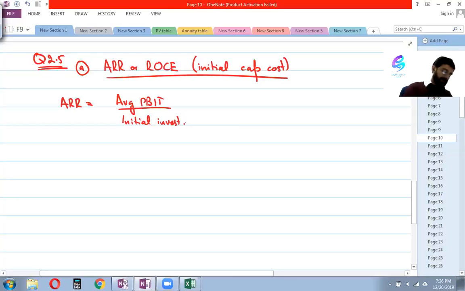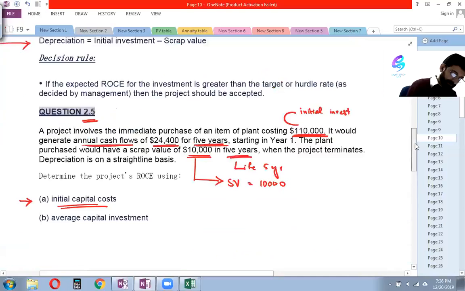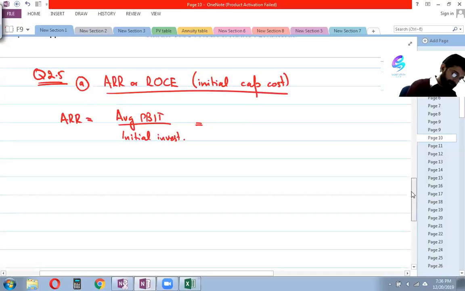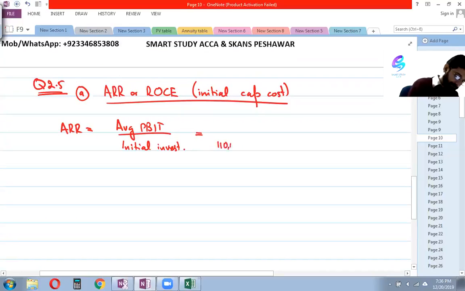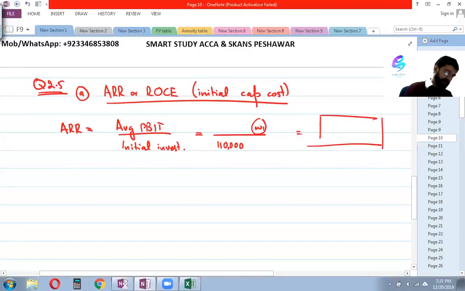Do we have the average PBIT? No, we don't. Do we have the initial capital investment? Yes, 110,000. What about average PBIT? We'll calculate it in working 1, and then we are going to have our answer here.